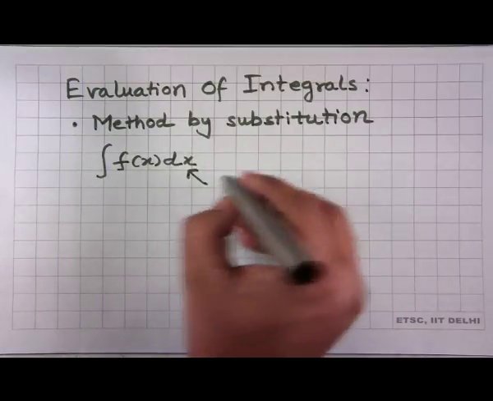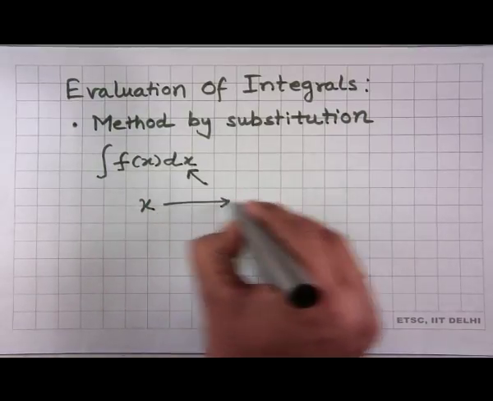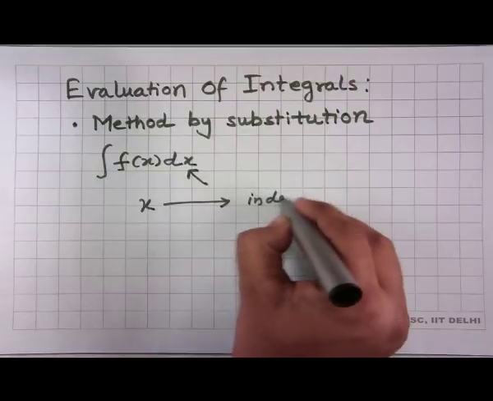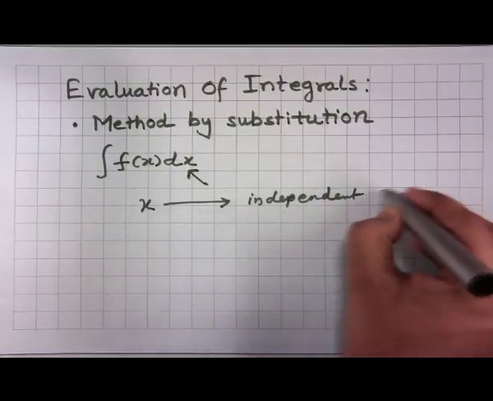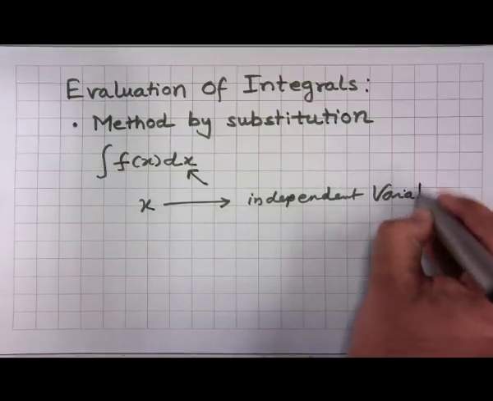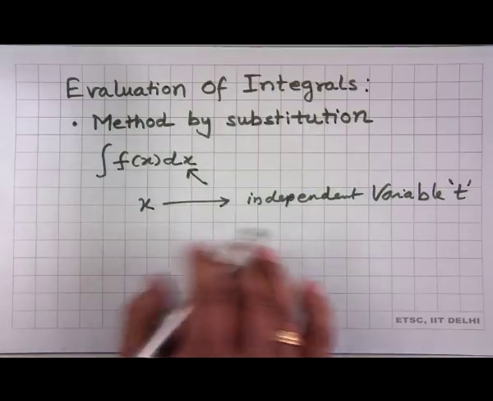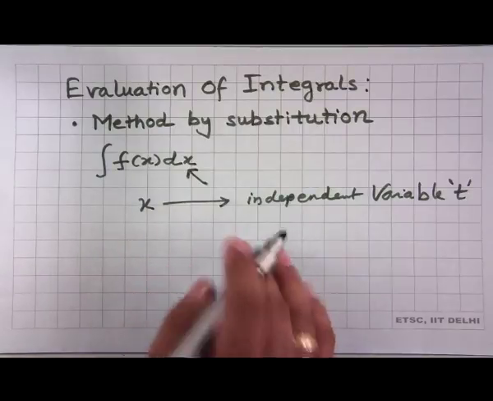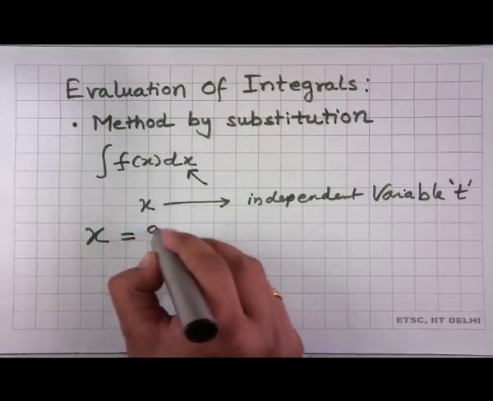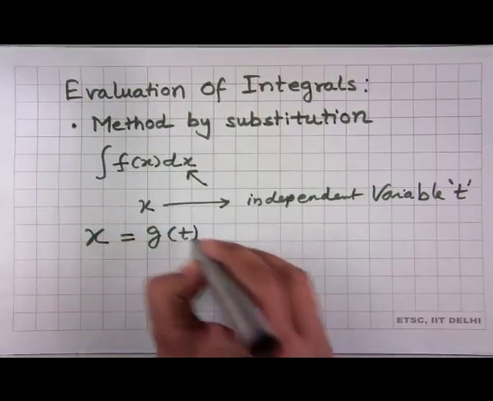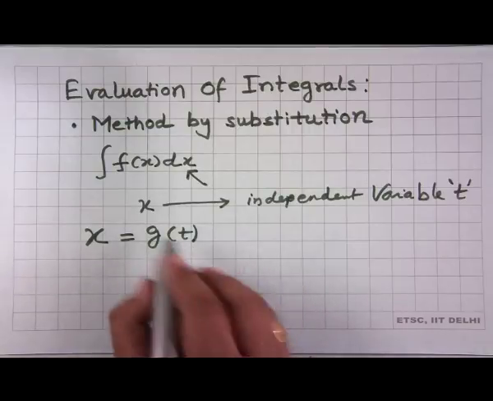We change this independent variable x to another independent variable t by means of some relationship. So, for example, assume that x is some function of t which has certain properties, at least differentiability, so that we can differentiate it.